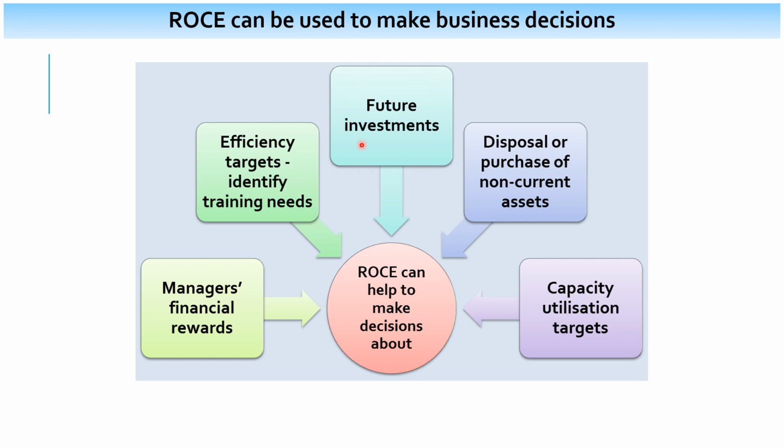We can use it to assess future investments. We can use it to maybe decide whether to purchase new assets or get rid of existing assets. And we can also use it in conjunction or alongside capacity utilization targets. Generally speaking, higher capacity utilization is going to improve our return on capital employed.